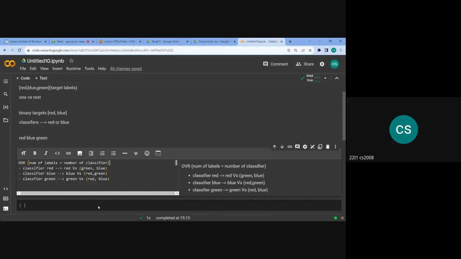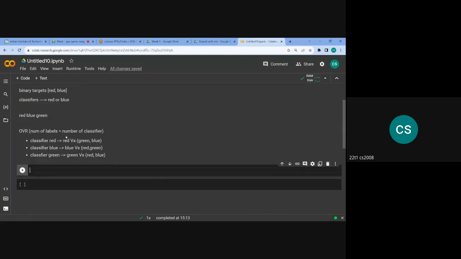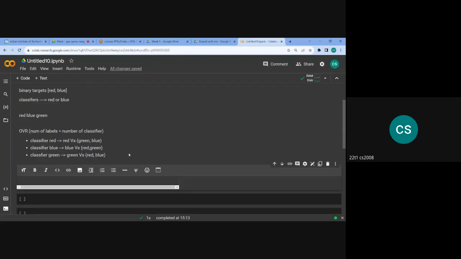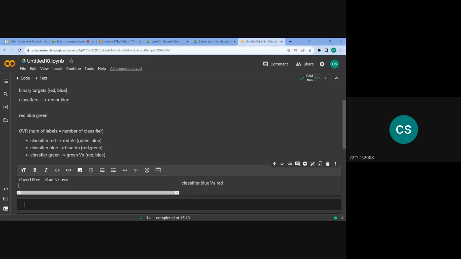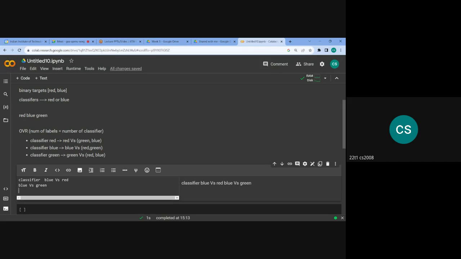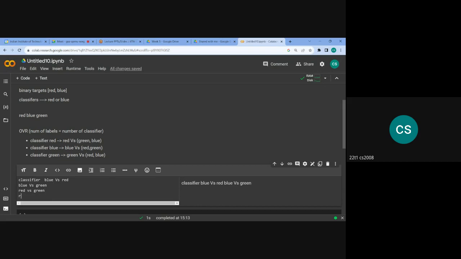But I can do one more thing also. I can create one classifier which will tell me blue versus red, and again blue versus green, and the list goes on: red versus green, red versus blue.